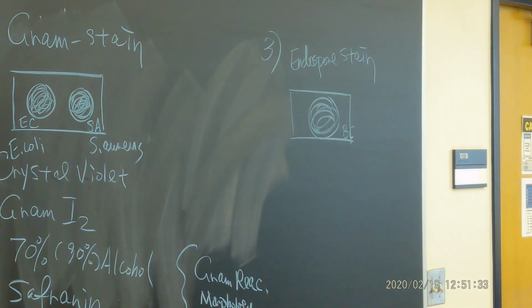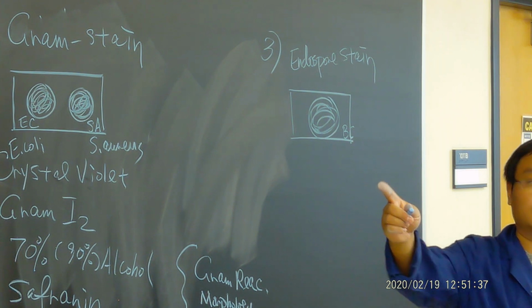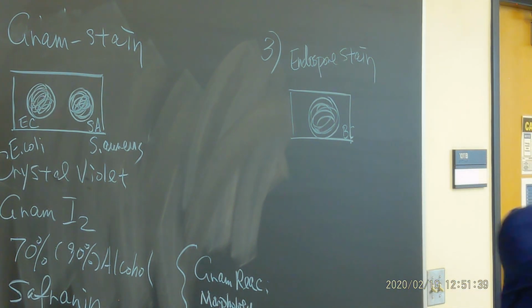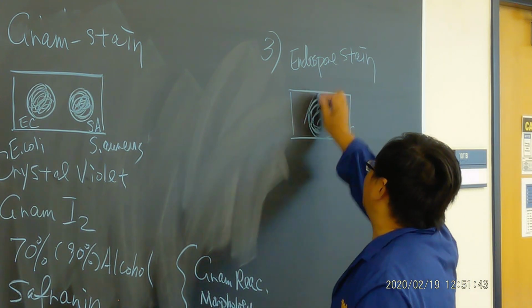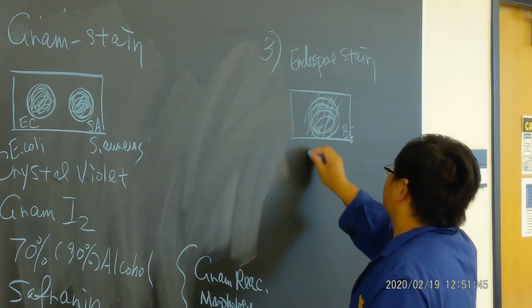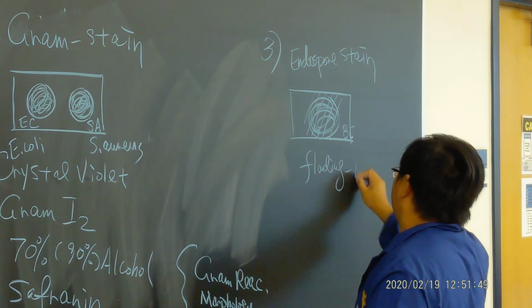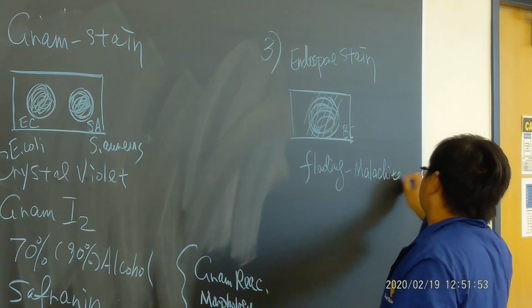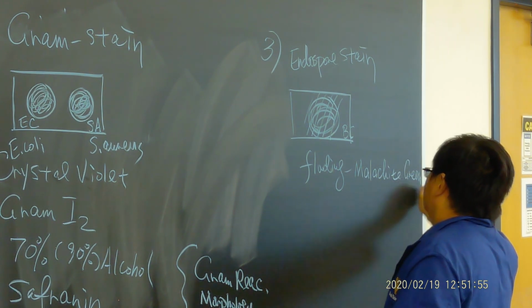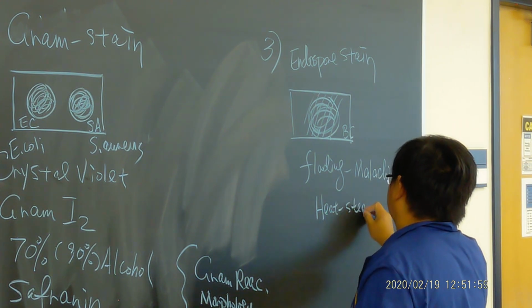Okay, once you make a smear, you need to ask the TA, and everybody go back. There is a water bath. Because we have to do the flooding with malachite green, and then we do heat steaming.